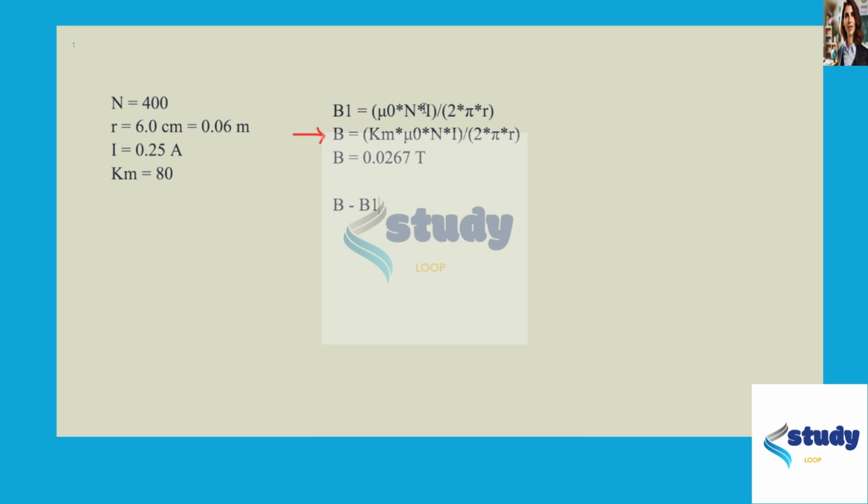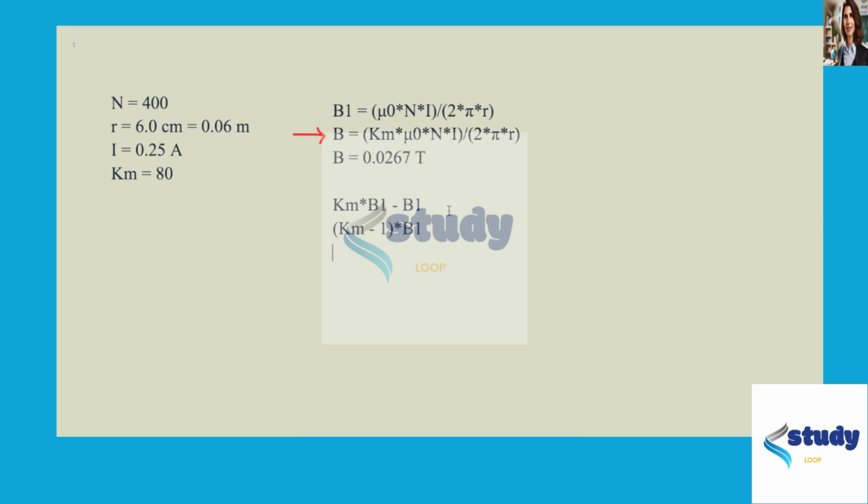And since all of these constants are all the same, we can just write that B is equal to Km times B1. So we're just trying to take Km times B1 minus B1, and that's going to be Km minus 1 times B1, just factoring out this factor of B1.